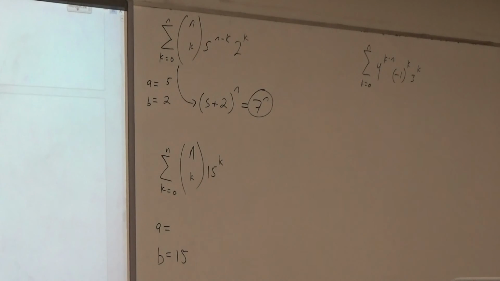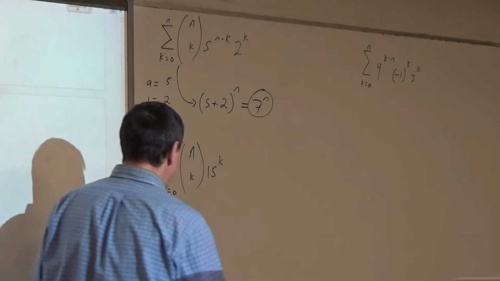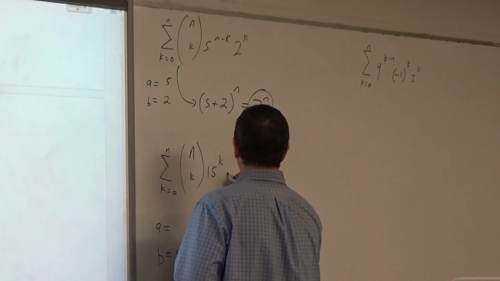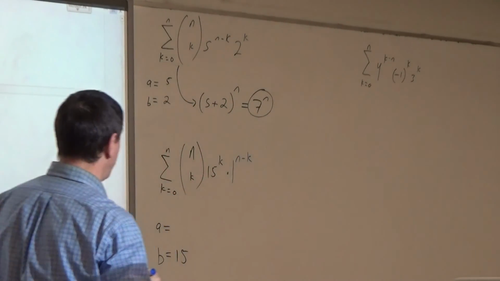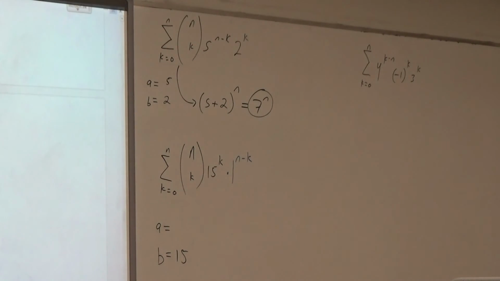So does that mean we can't do this problem, or can we identify A? Multiply by 1. Yeah, you can multiply by 1, right? Guys, could we say that this binomial series is exactly the same if I were to multiply by 1 to the n minus k, right? Guys, isn't 1 to the n minus k 1, no matter what the values of n are, right? Because 1 to any power is a multiplicative identity.